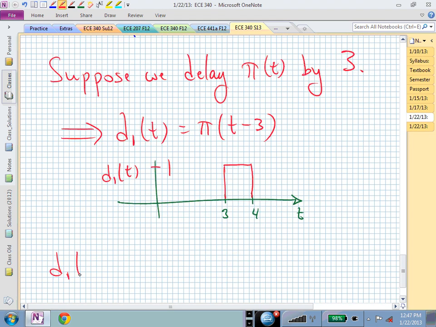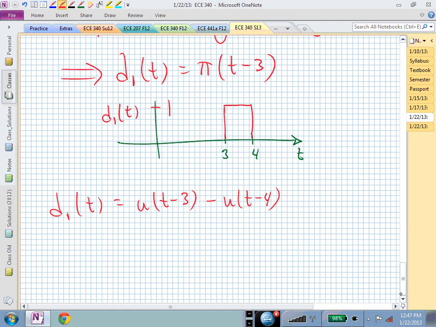And we could write that in terms of unit steps, either directly or indirectly by delaying pi by t minus 3 from the definition of pi, or we can simply say that's u of t minus 3 minus u of t minus 4. Now, what if we expand the time axis?